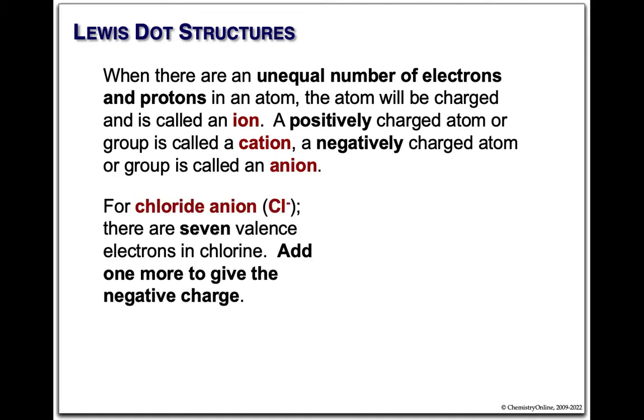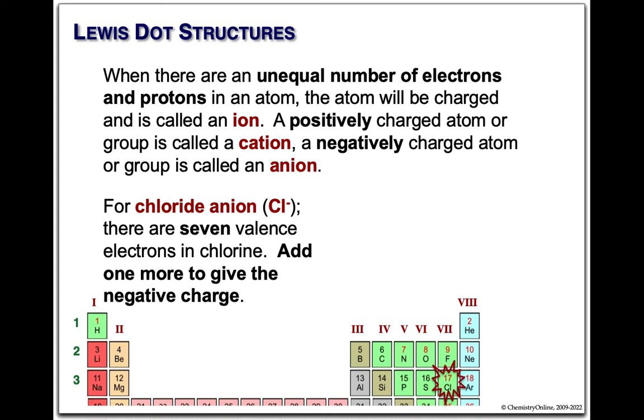Let's look at chloride anion. Chlorine is here in the third period, in group number 7. So we have 7 valence electrons. The chloride anion has a -1 charge, and we show it with the superscript minus.